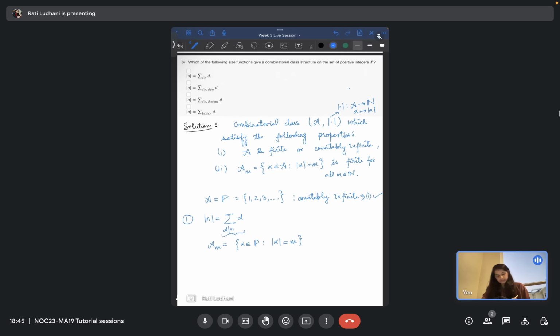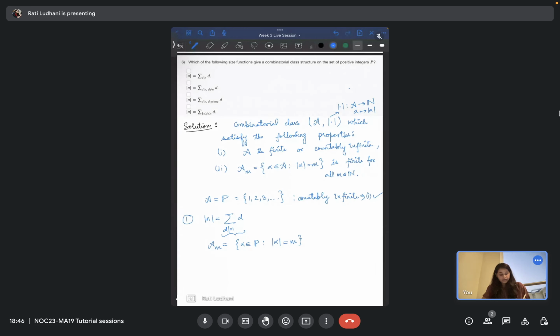So d divides n. This is the sum of all the divisors of n. Now what can you say about this? That is the first question.